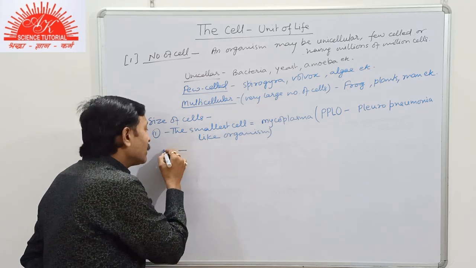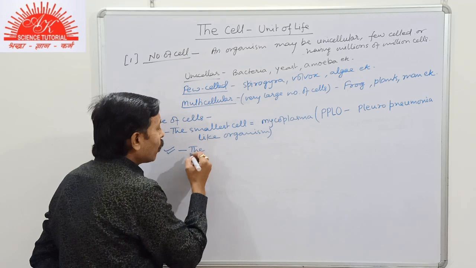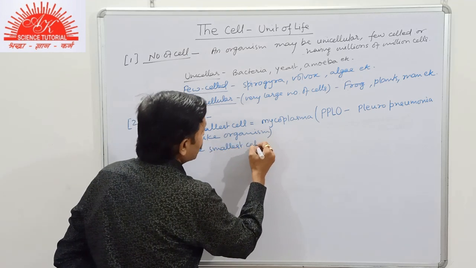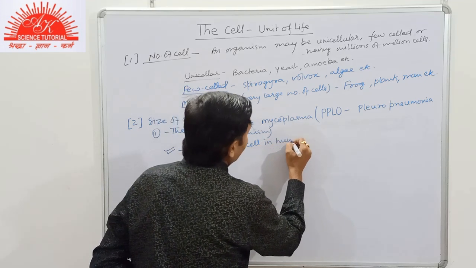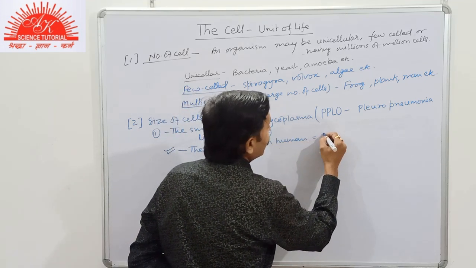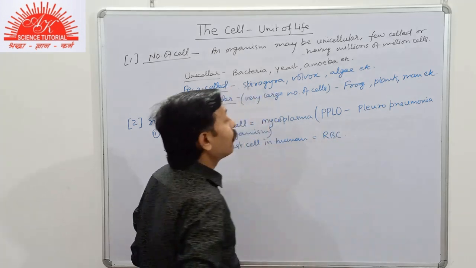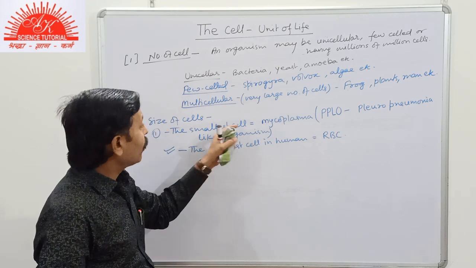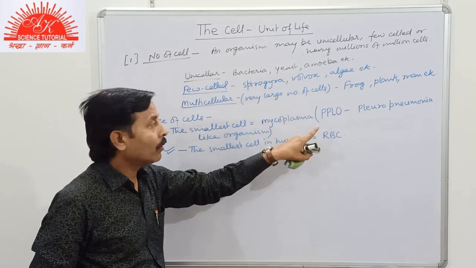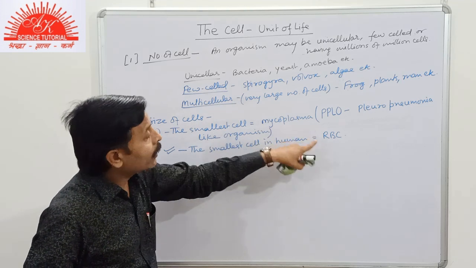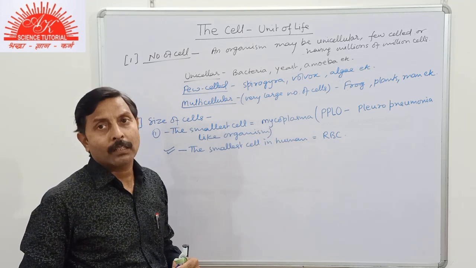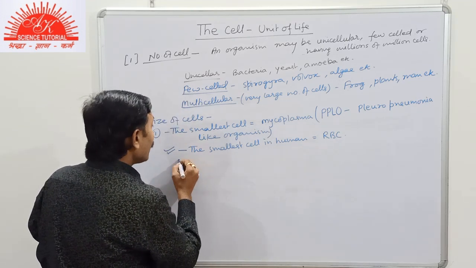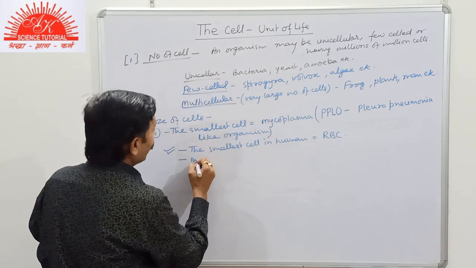But suppose you have to answer, what is the smallest cell in human body? It is RBC, red blood cells. So among all the living organisms, the smallest cell is mycoplasma, PPLO, and the smallest cell in human is RBC. Clear, student?